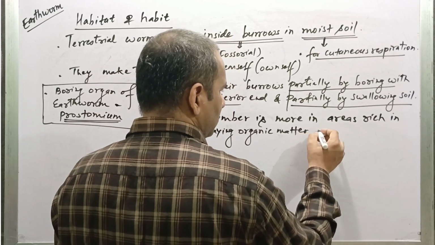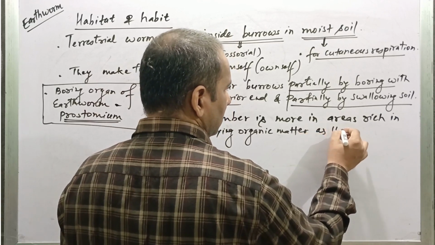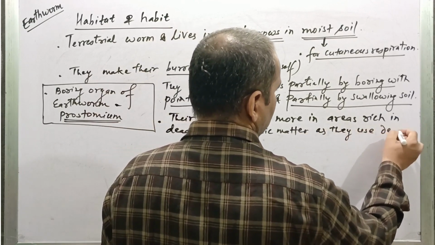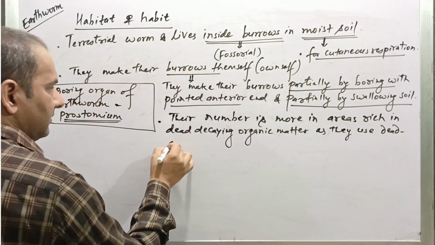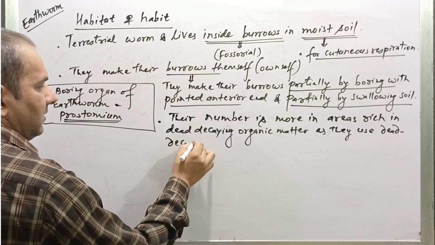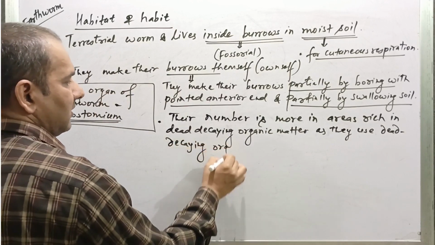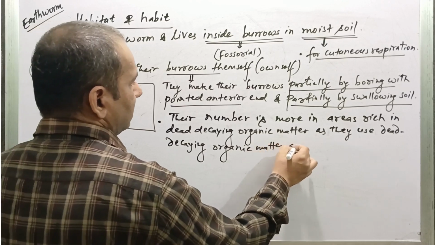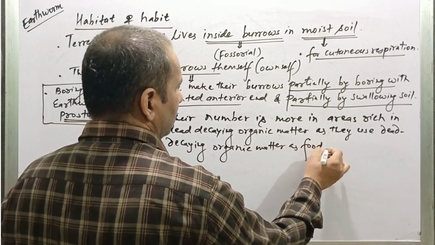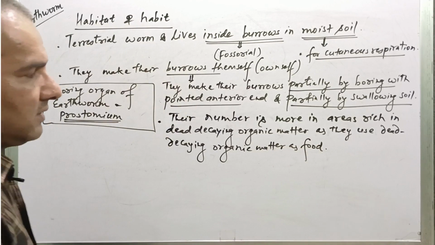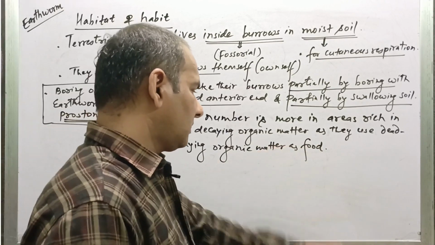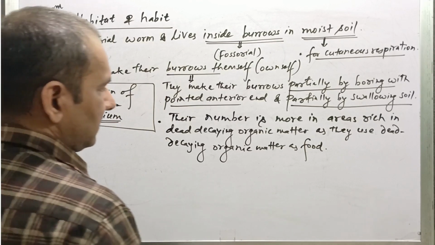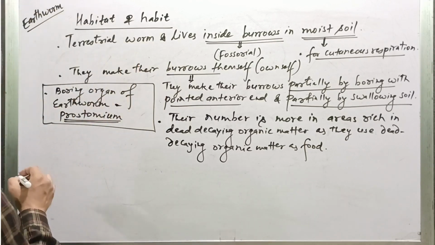Why? Because they use dead decaying organic matter as food. As they use decaying organic matter as food, their number is more in the areas which are rich in dead decaying organic matter.